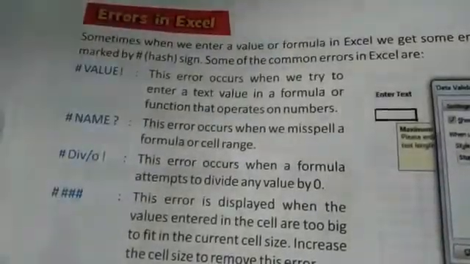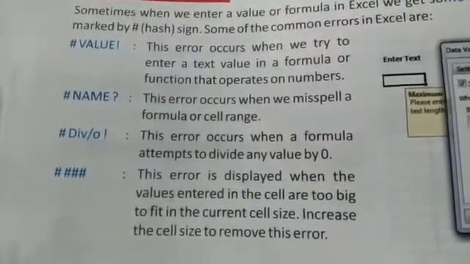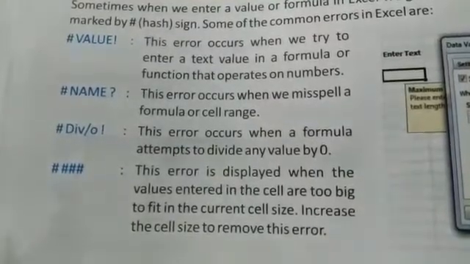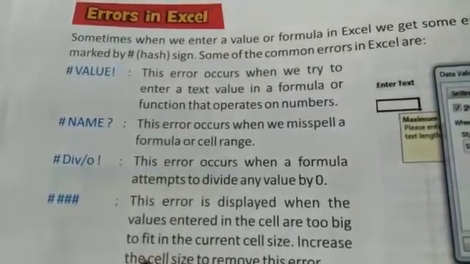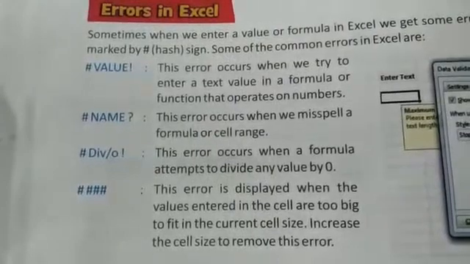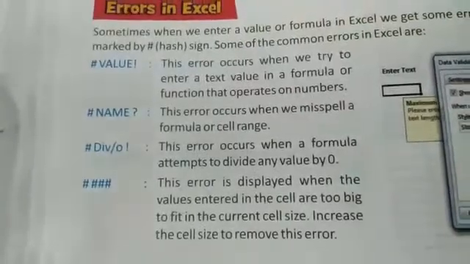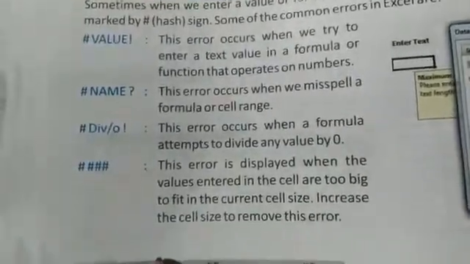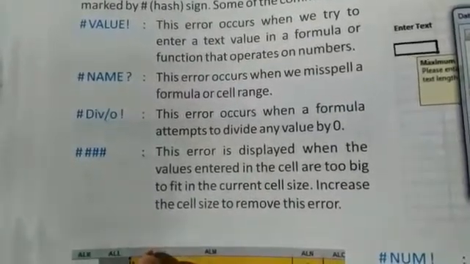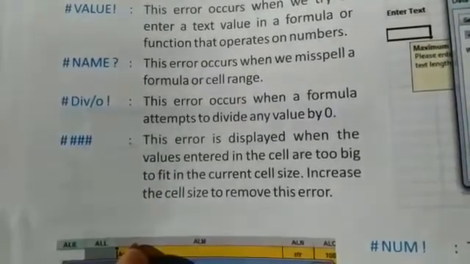Some of the common errors in Excel are #VALUE!, #NAME?, #DIV/0!, #####, #NUM! and #REF!. These are for different types of errors. #VALUE! occurs when we try to enter a text value in a formula or any function that operates on numbers. #NAME? occurs when we misspell a formula or cell range. #DIV/0! occurs when a formula attempts to divide any value by 0.